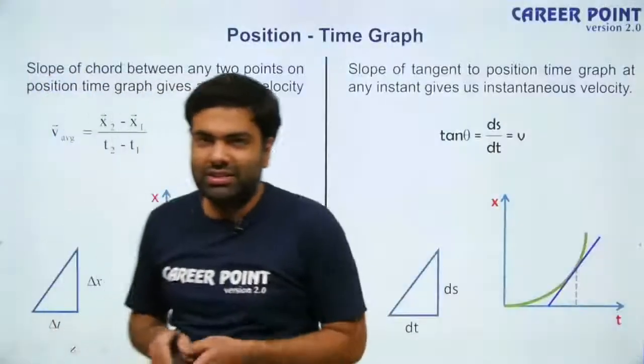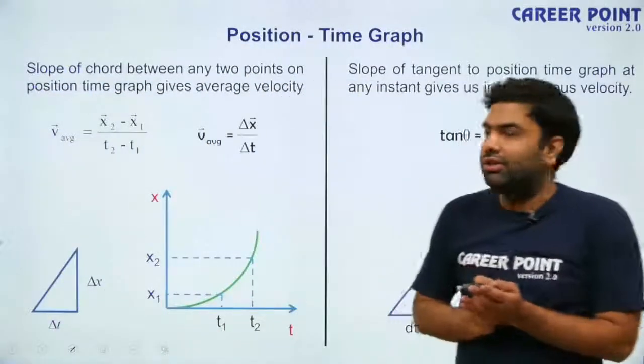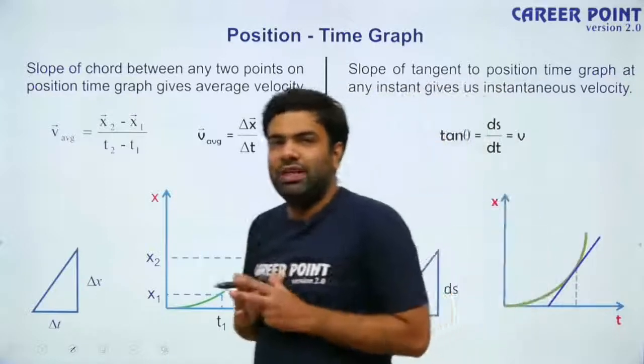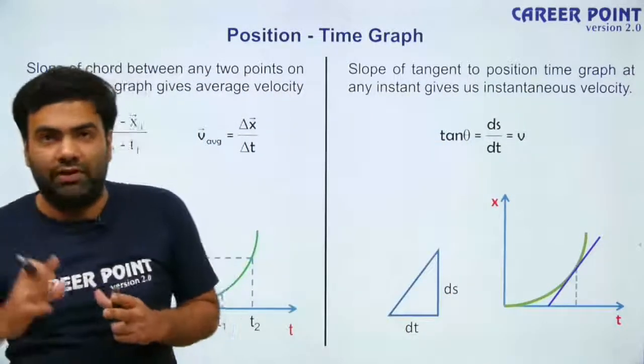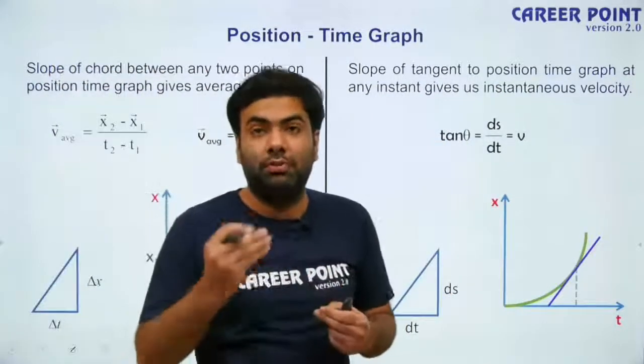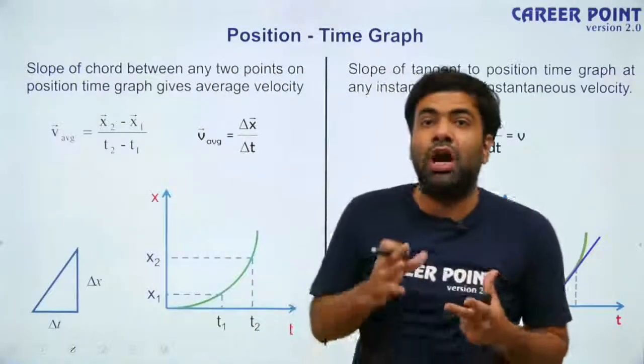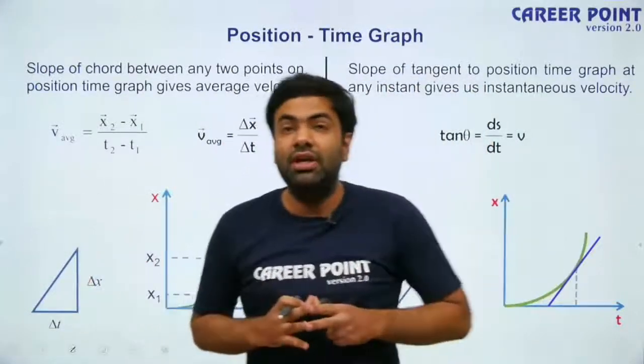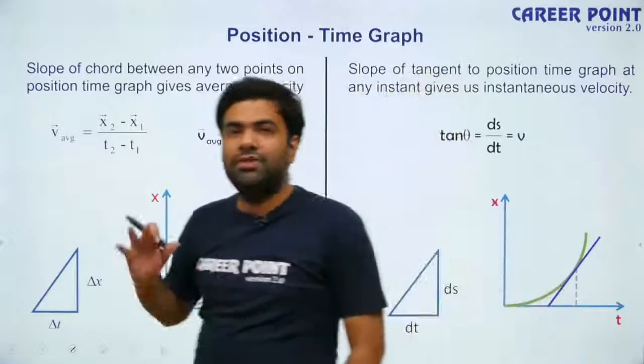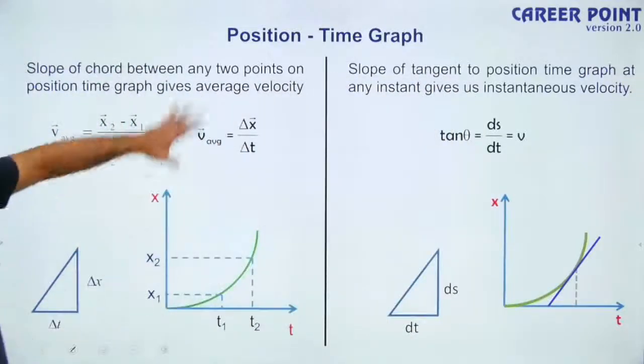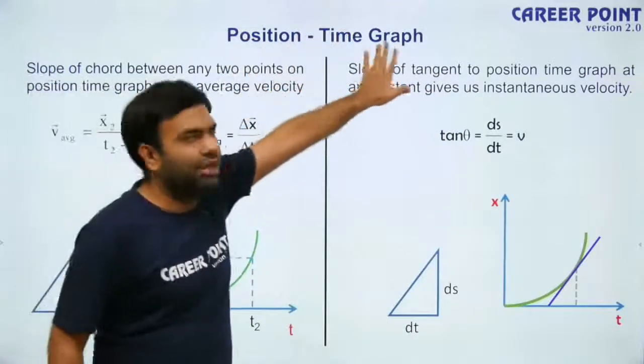So let's get started with today's lecture. See, in previous lecture we have started the topic of graph, how to understand 1D motion from graph, and if we have 1D motion, how to draw its graph. What we have studied in previous lecture? We have studied about position time graph.